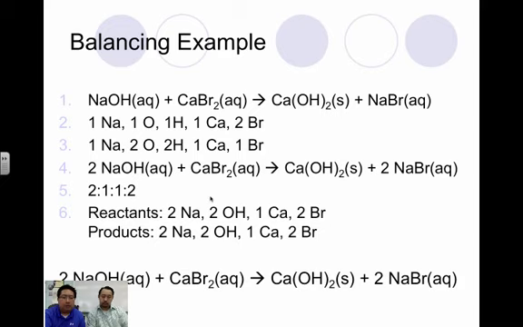So now we have two OHs. Well, we also have two OHs on that side. So even though I got two OHs by putting a coefficient in front versus two that was part of the formula in parentheses, it still adds up to the same thing. Right. One calcium, two bromines, and then remember this 2 applies to two bromines as well. And now this is for sure our final answer. Right. And that is it.